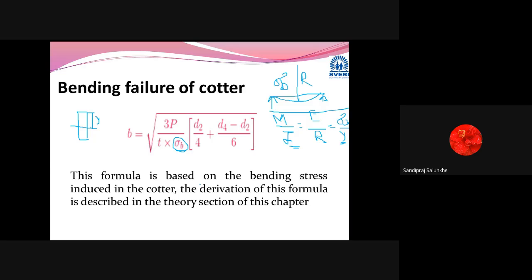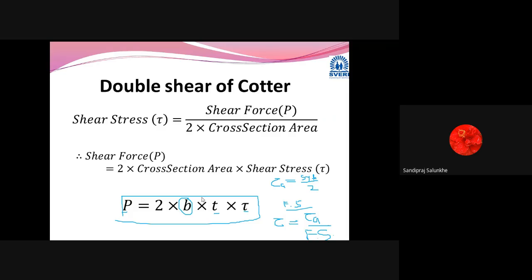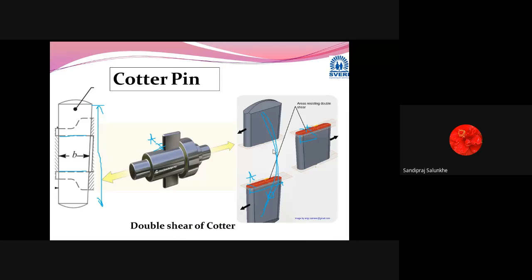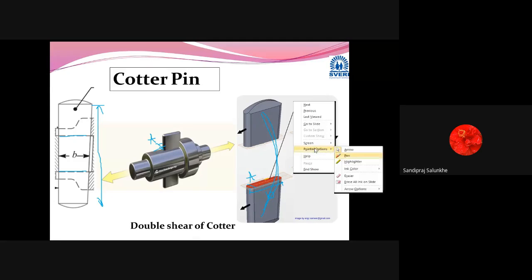Sonal, you just want me to repeat this slide, am I right? Yes, sir. Okay, I'll repeat it. See, we have calculated this shear stress. Second thing is that if it is not shearing out, then there may be a possibility of bending.